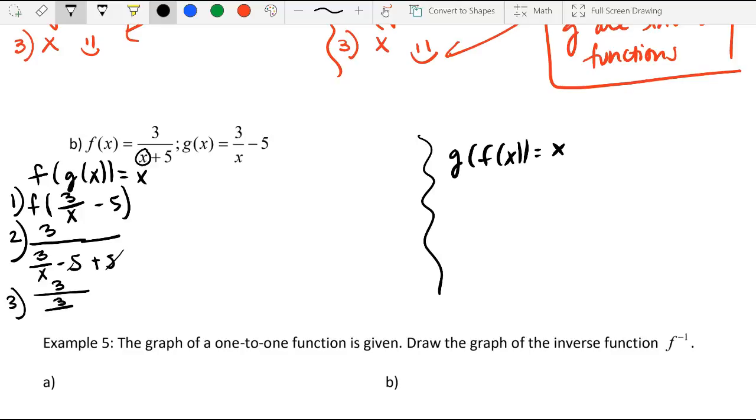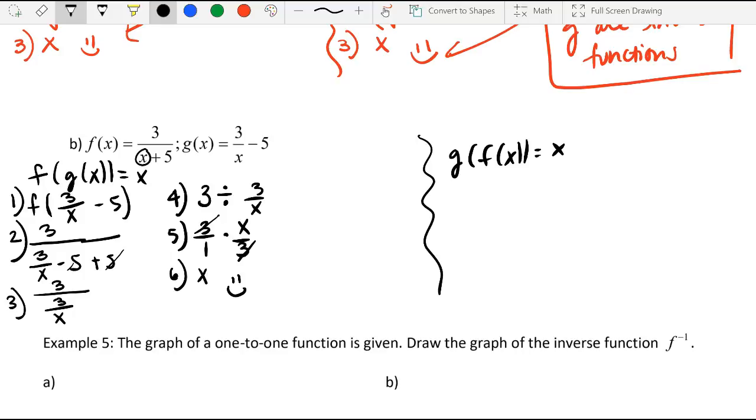So 3 divided by x. Step number 4, I'm going to write division this way. Step number 5, I'm going to write 3 over 1 times x over 3, which will allow me to reduce. So I will end up with an x, which is what we want.